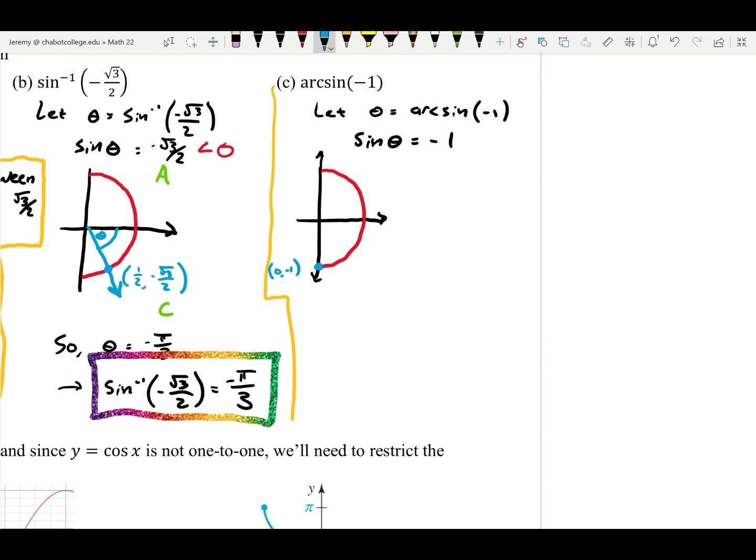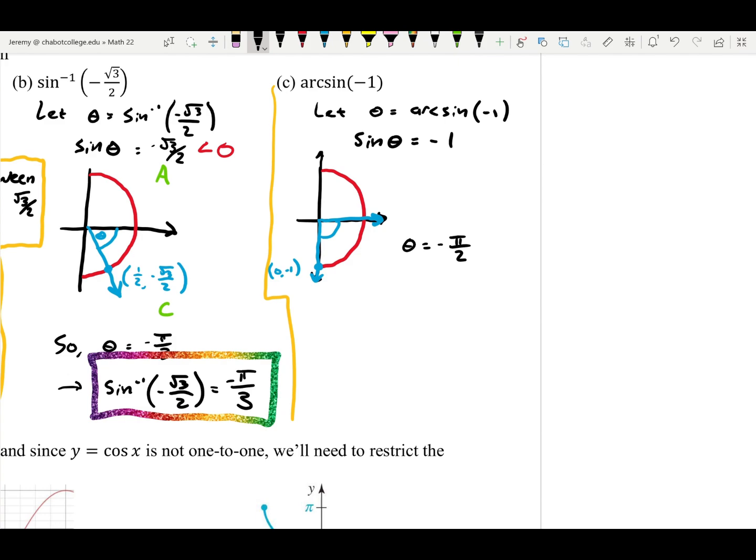So what angle is this? Right, so there's our initial side at the positive x-axis, and then we have our terminal side down here at the negative y-axis. So this is the angle theta. And this is actually a right angle. So we can see theta, in this case, is going to be equal to negative pi over 2.